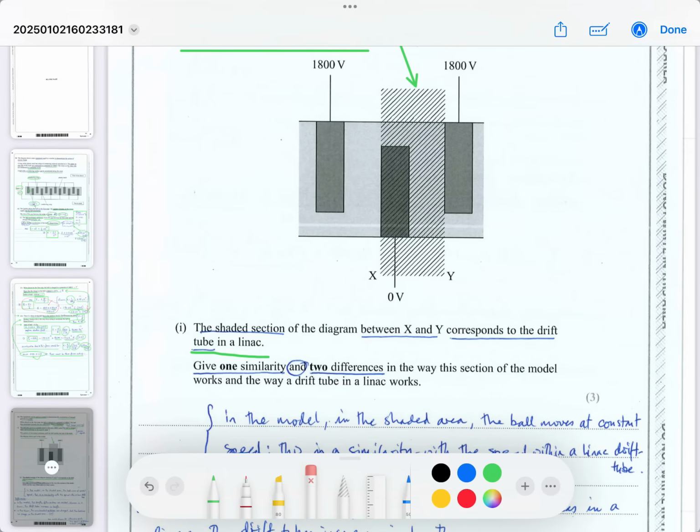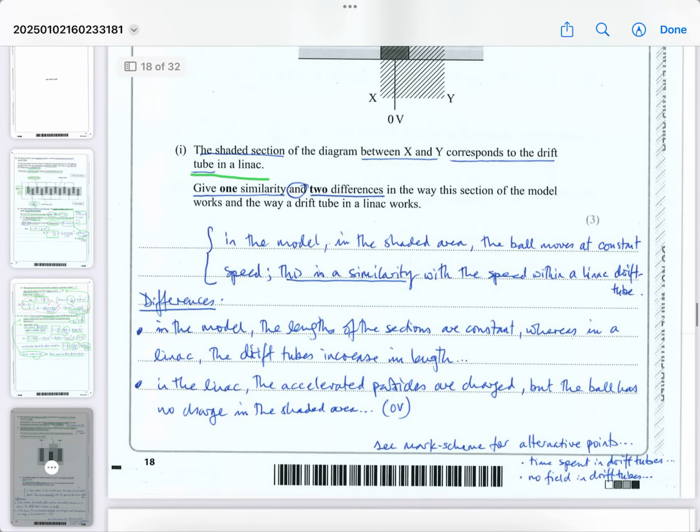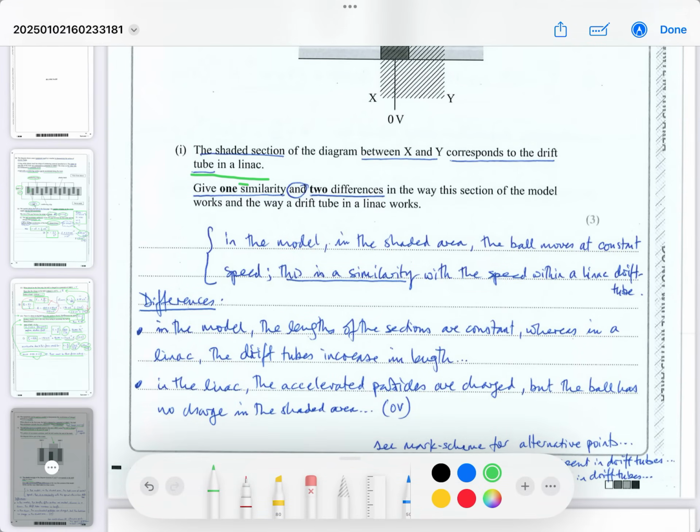Give one similarity and two differences in the way the shaded area of the model works, and the way a drift tube in a LINAC works.